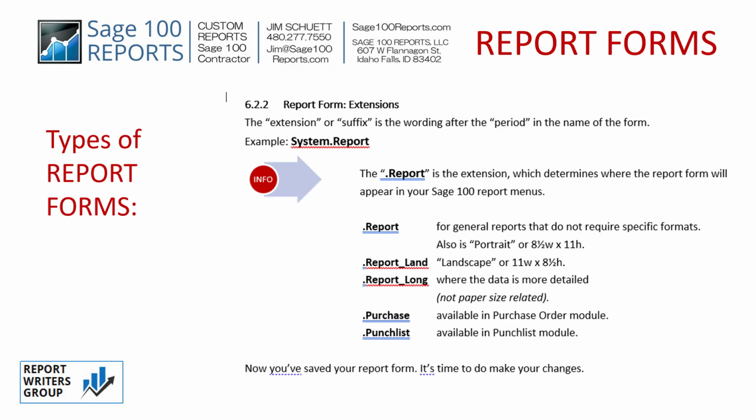Now, if it has something like .purchase or .punch list or .progress, then those are also report forms, but it tells the system where these report forms go, which module, which menu in the Sage menu. So .purchase would be a purchase order, and that would generate viewing in the PO area. Punch list or progress billing, all of those would go into their own menu selection area.